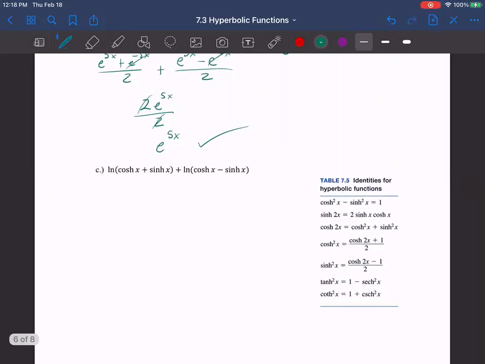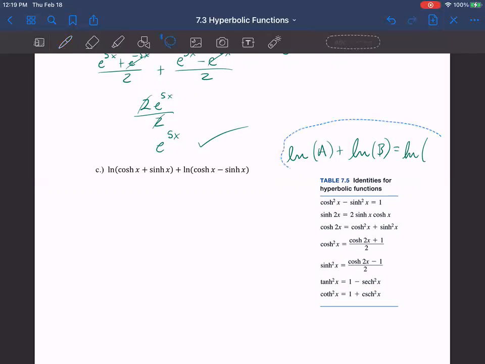Okay, take a look at this one. Natural log of cosh plus sinh plus the natural log of cosh minus sinh. So what should I do here? Anybody tell me what that equals?